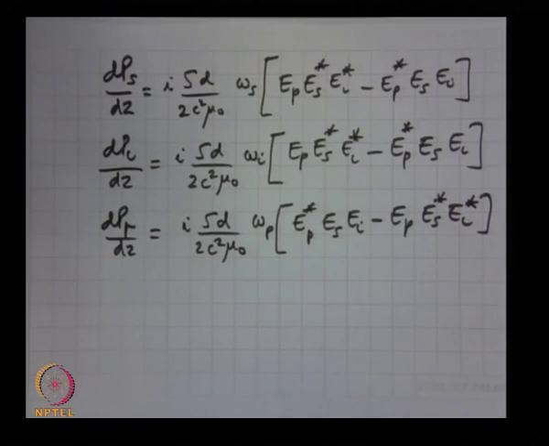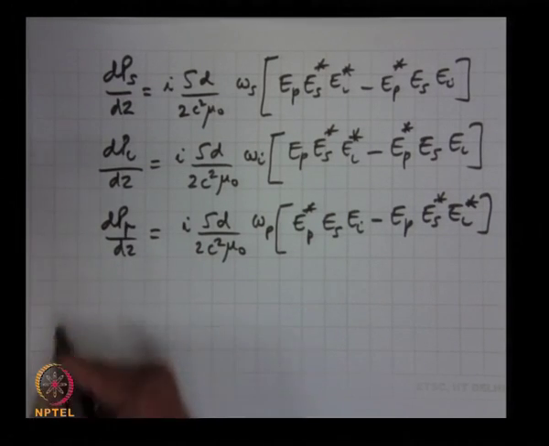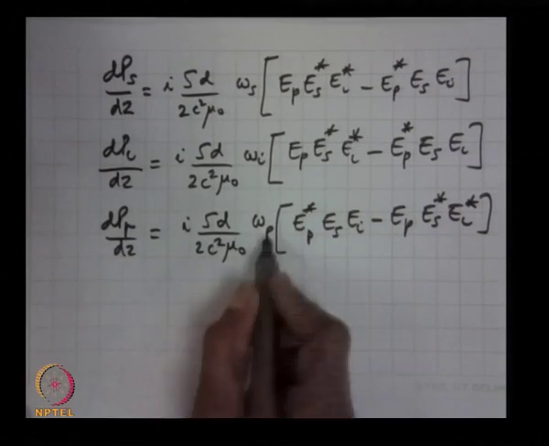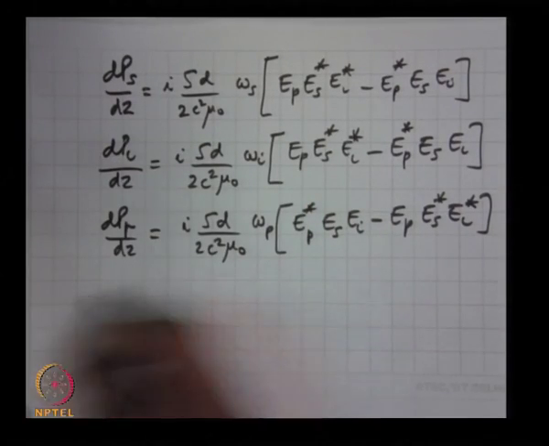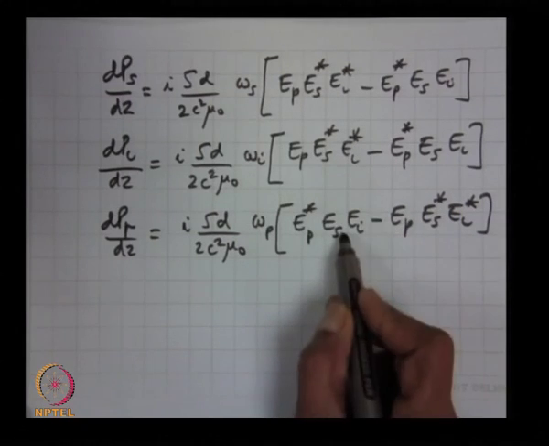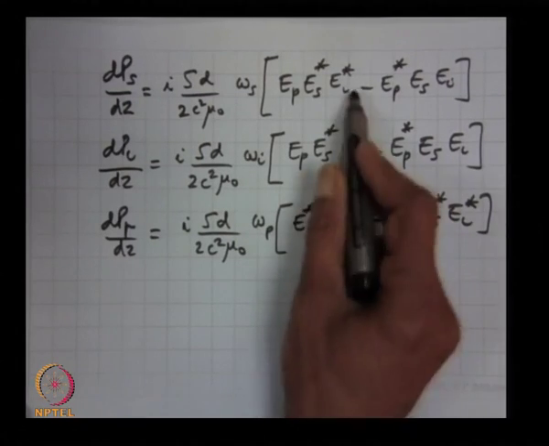Now what do these three equations tell me? First thing I notice, I divide by omega p on this side, omega i I bring it here, omega s I bring it here. So what do I get? Please see, these are just the opposite. This is the negative of this, negative of this.